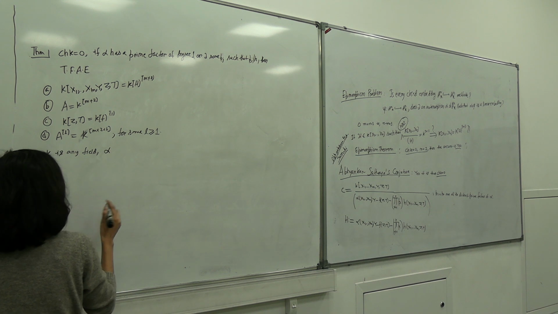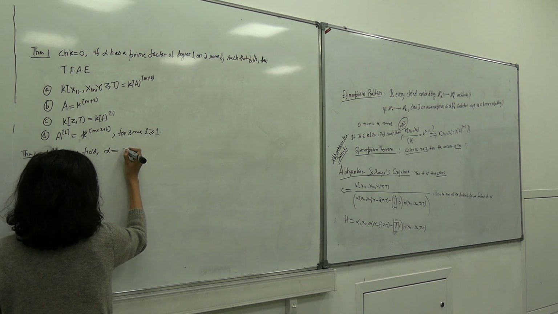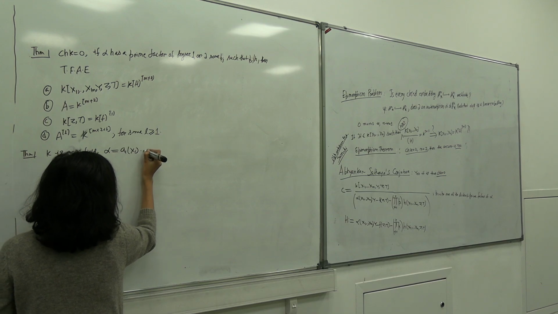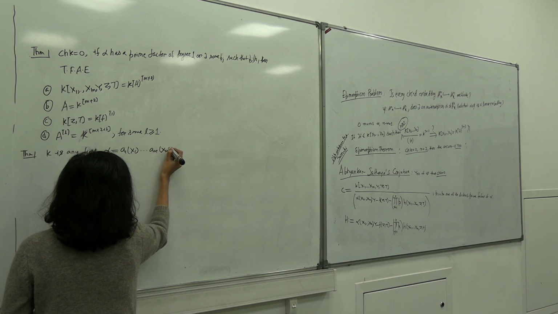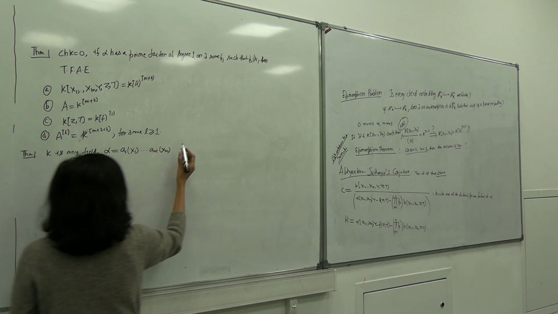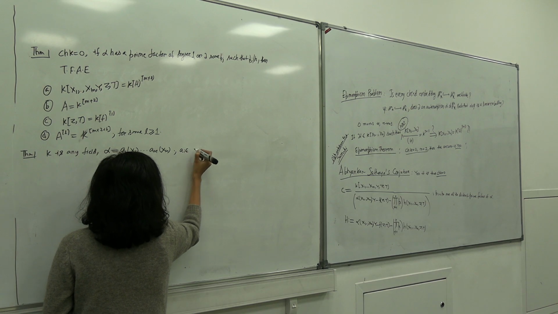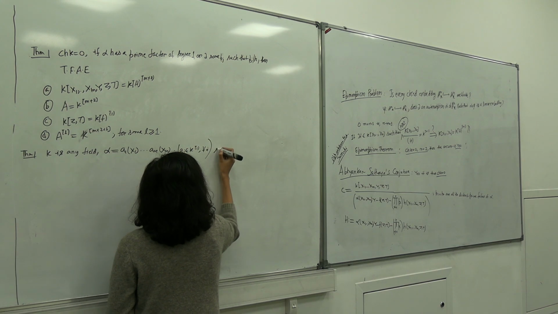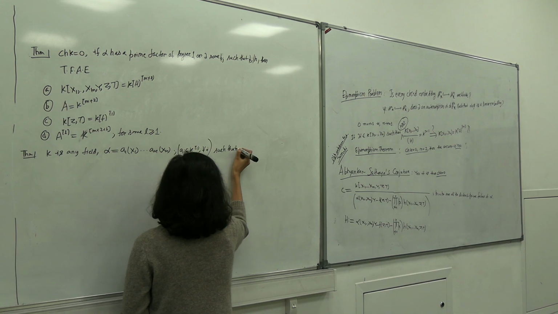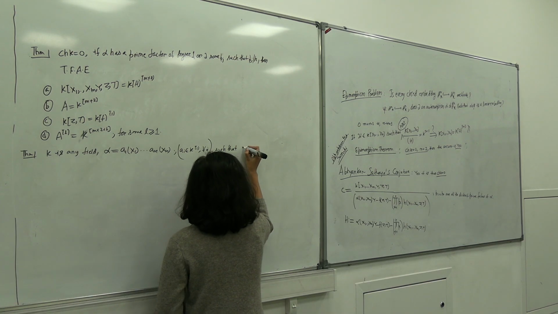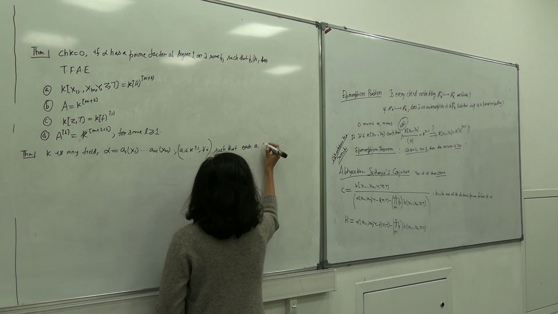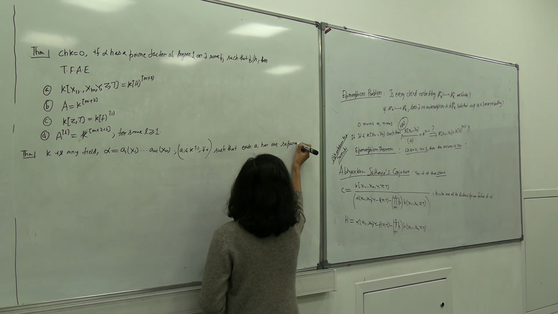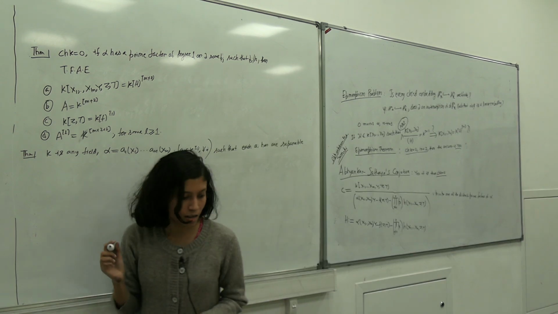I will write a very special form of alpha for understanding quickly: alpha is of the form a1(x1) ... am(xm), that is, a product of polynomials of these forms where the ai's are polynomials of degree at least 1, such that each ai has one separable multiple root.